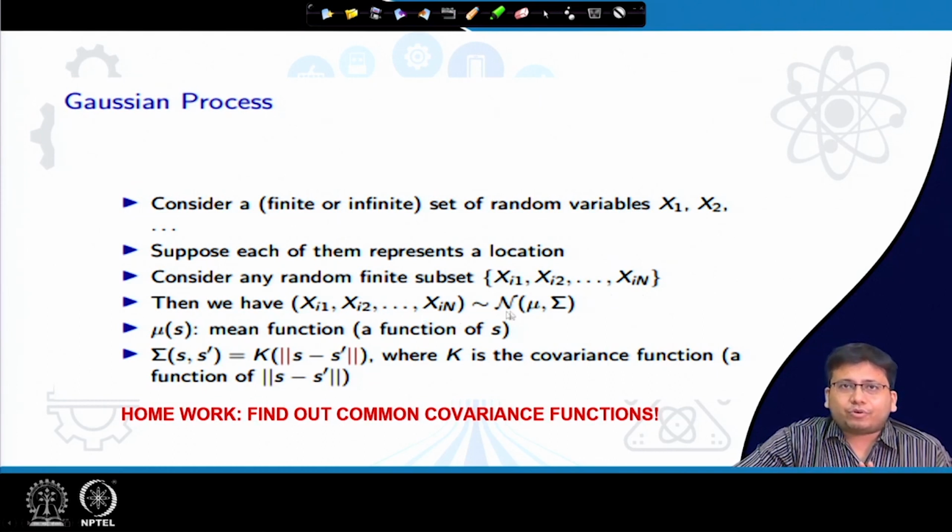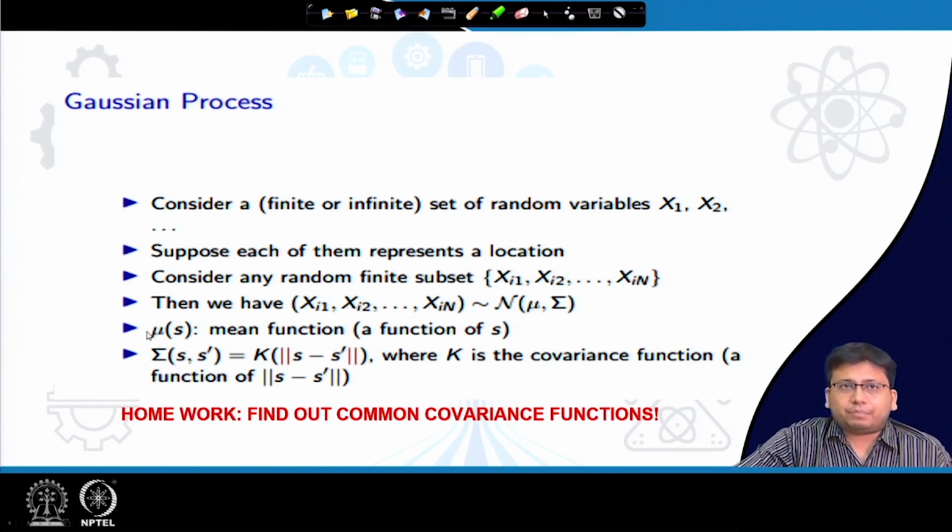If you consider any subset of n variables out of this collection of infinite variables, whether you are considering one variable or two variables or 17 variables, whether they are the first variables or, say, the fourth and ninth variables, their joint distribution will always be a Gaussian distribution.